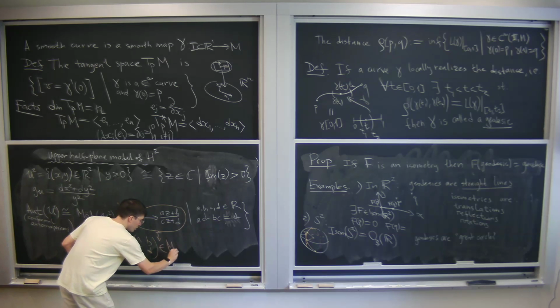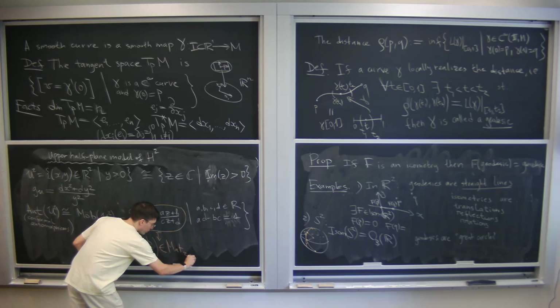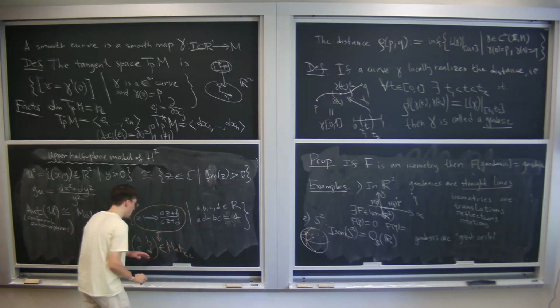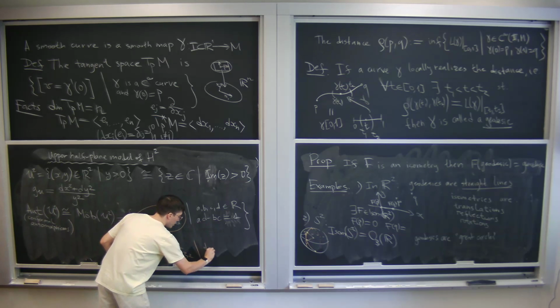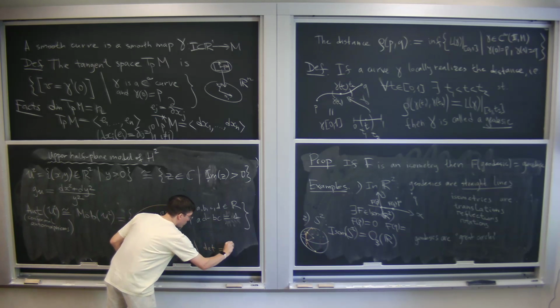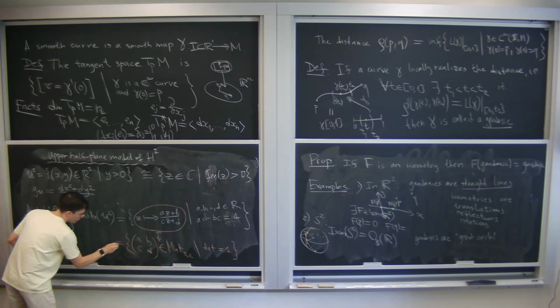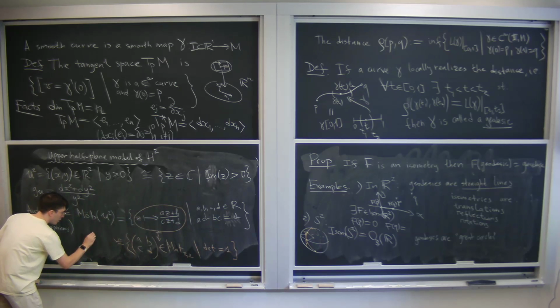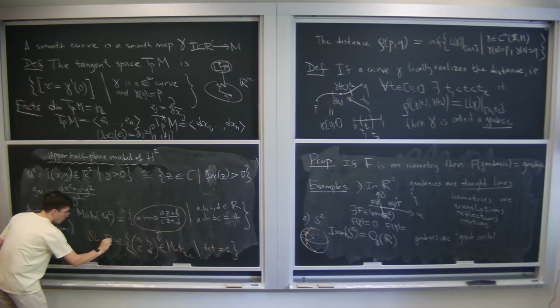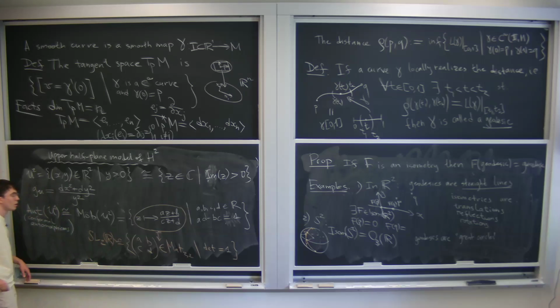So this is from 2 times 2 matrices such that the determinant is equal to 1. There is a special notation for this group. It is the so-called special linear group.